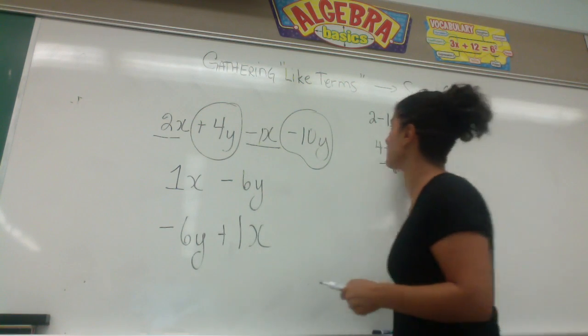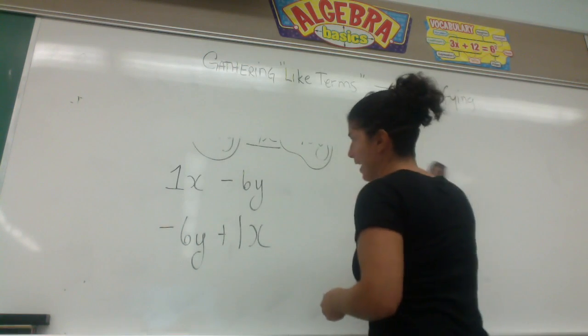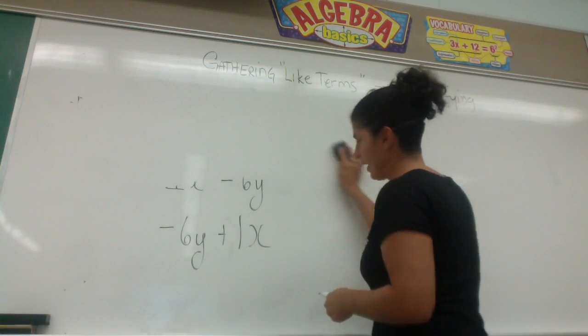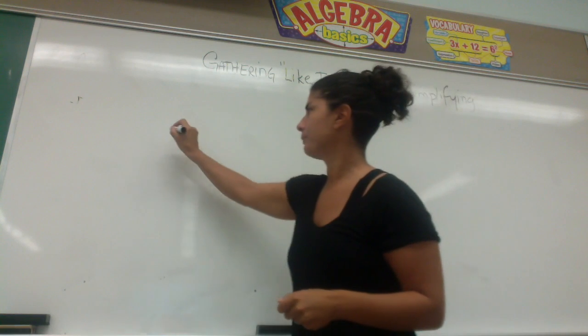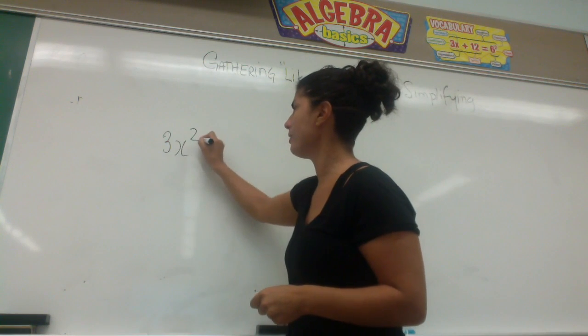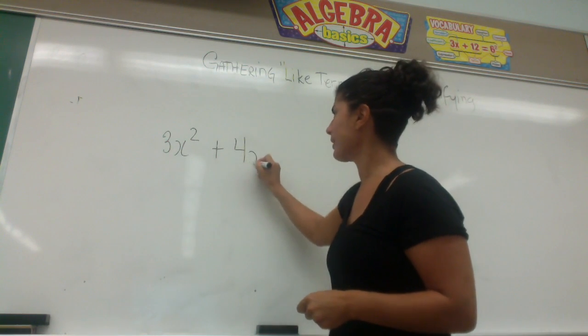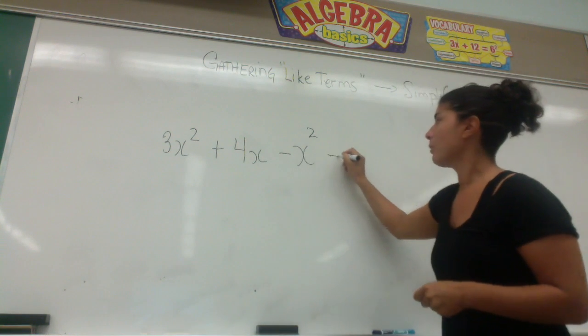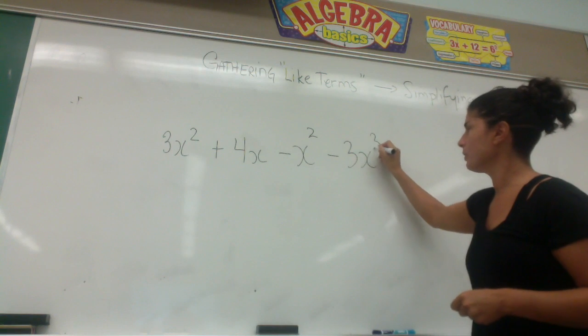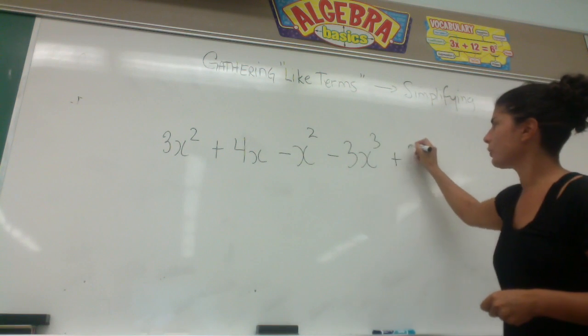Okay, let's get a little more difficult. So these are examples to help you with simplifying. Here's another example. 3x squared plus 4x minus an x squared minus a 3x cubed plus 2x.